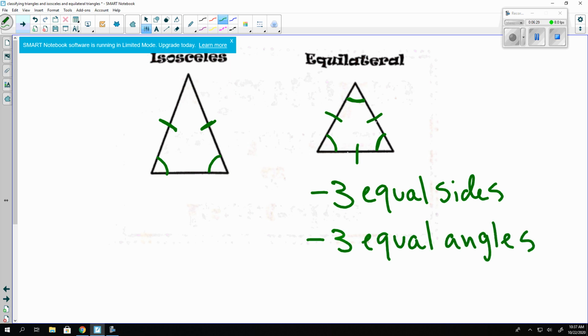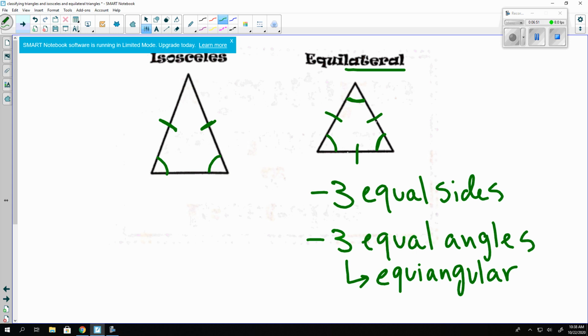Okay, and another way to phrase three equal angles is to call it equiangular. So like equilateral, the lateral part talks about the sides. Equiangular talks about the angles. So equilateral triangles are equilateral and equiangular.